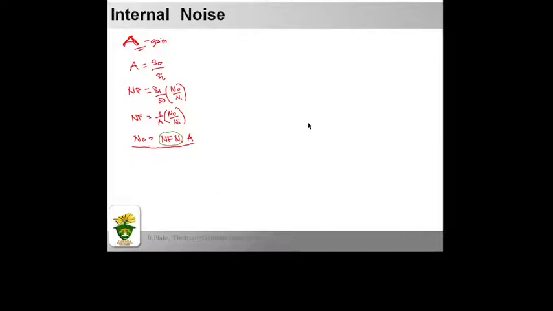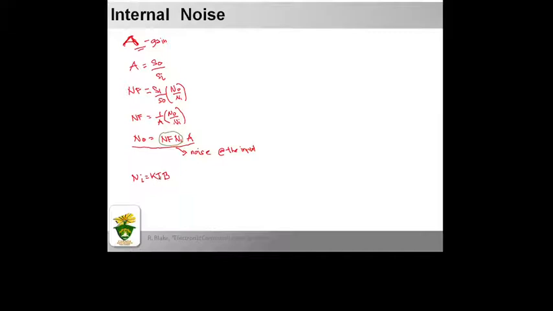So this one is the source at the input. This is the noise at the input. And then assuming the input source is a thermal noise, so we have Ni is equal to KTB.